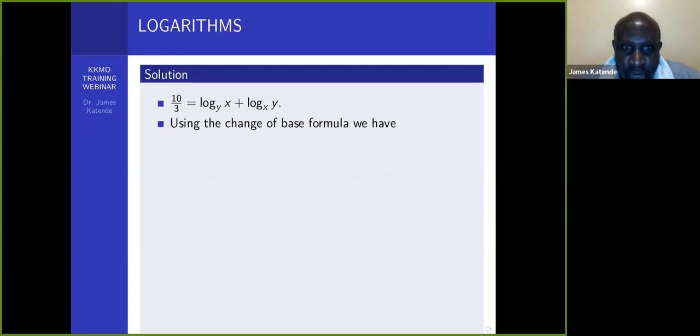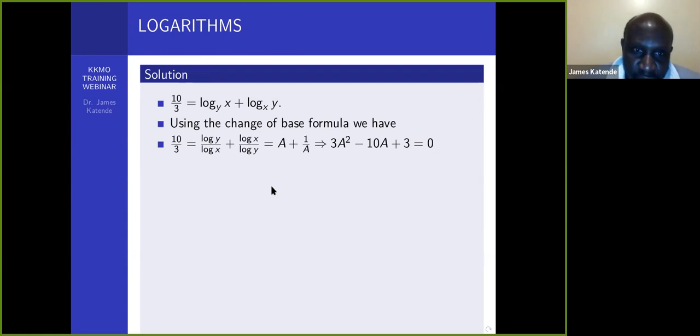So if you work with the change of base formula, you can write log of x to the base y as log x over log y. And then you can write log of y to the base x as log y over log x.